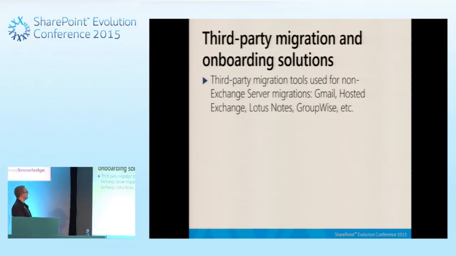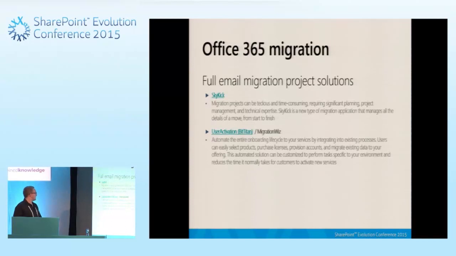And as I mentioned, third-party migration when it comes to Exchange and SharePoint, for instance, you have a lot of vendors. Some we had downstairs. But when it comes to Office 365 migration and email, you have SkyKick, for instance, as one, and you have BitTitan with their MigrationWiz, which is probably the most used when it comes to migrating Exchange from on-prem to Office 365.